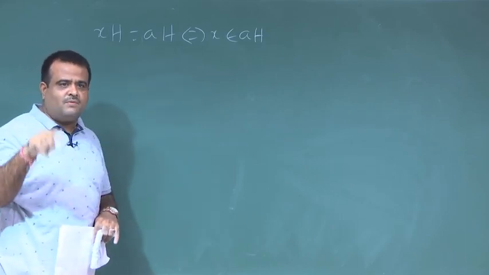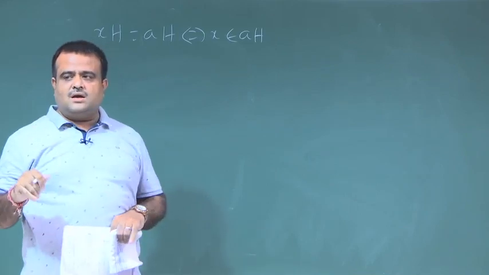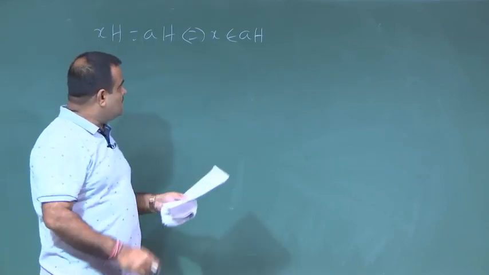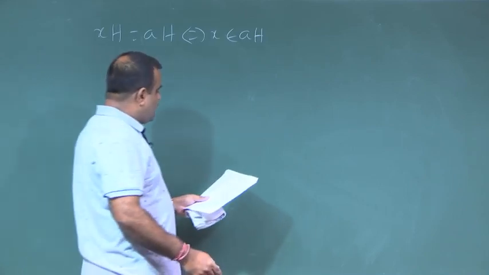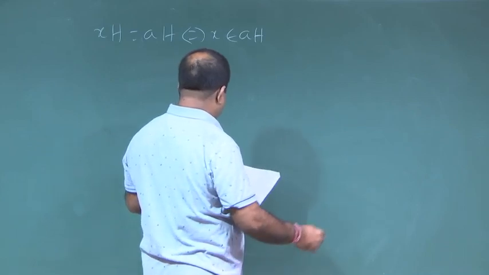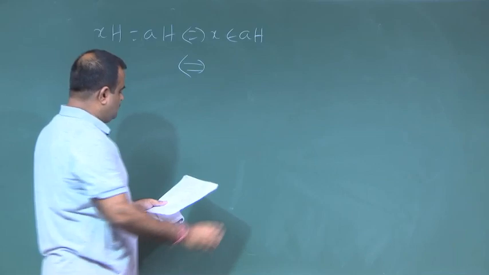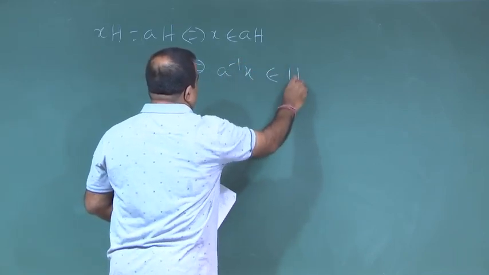If we take any element from AH and make the left coset around that element, that will give us the same coset AH. So, now this is basically AH. Now, this implies A inverse x must belong to H.